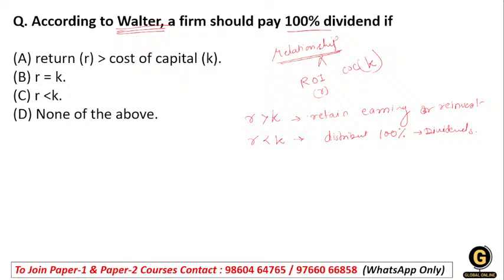And if R equals K, the cost of capital, you cannot see any difference between paying dividend or retaining earnings. Both options are open to you, either pay the dividend or retain it. So option C will be the right answer.